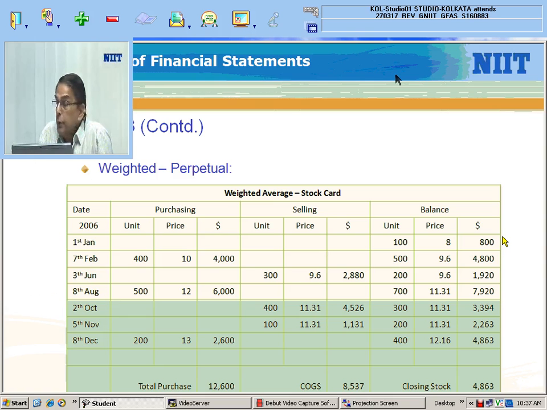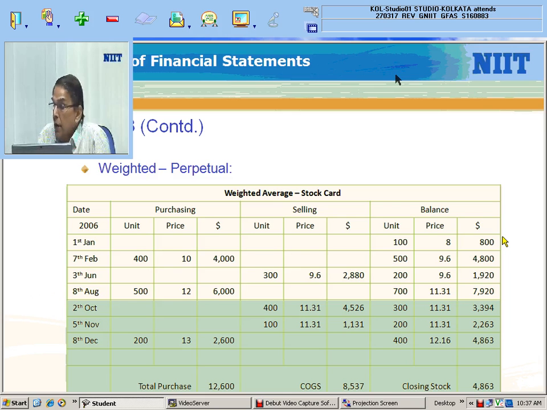On 2nd of October, 400 units have been sold, costing 11.31 per unit, the average purchase price of those units. So 4,526 is the cost of the units which have been sold. The remaining number of units in stock is 300 units at 11.31, and the value of the inventory as on 2nd of October is 3,394.